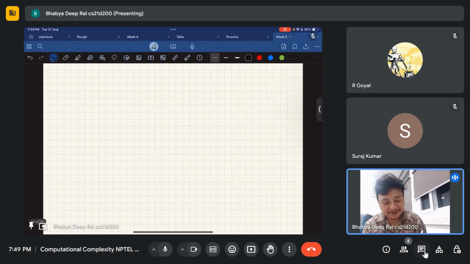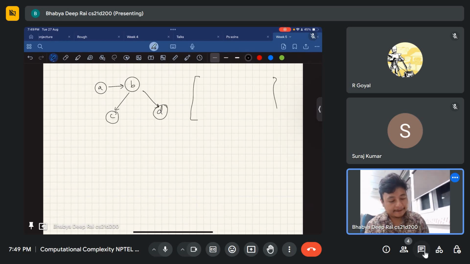Forget about the configuration graph. I'll just do a simple concept, okay? Let's say I have a graph like this, and let's call it A. Let's say A, B, C, D, and A can go to B, and B can reach C, C can reach D. And what does the adjacency matrix look like?